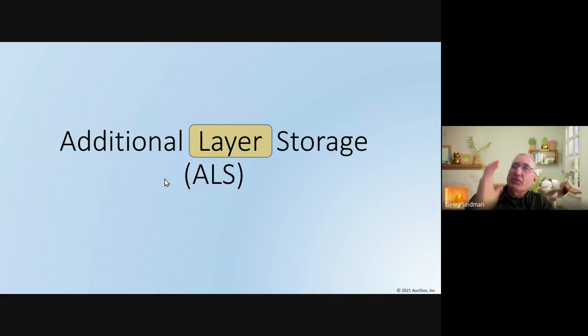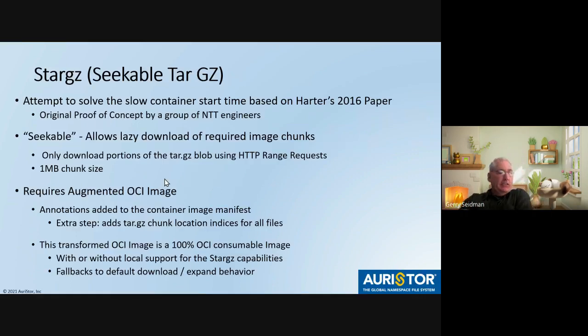Now, to be contrasted with additional layer storage, ALS, the history of ALS goes back to the Carter paper, where they tried to create, as I said, a way to lazy load containers by having an index into the tar.gz file that was seekable. That's the essence of what seekable tar.gz stands for.